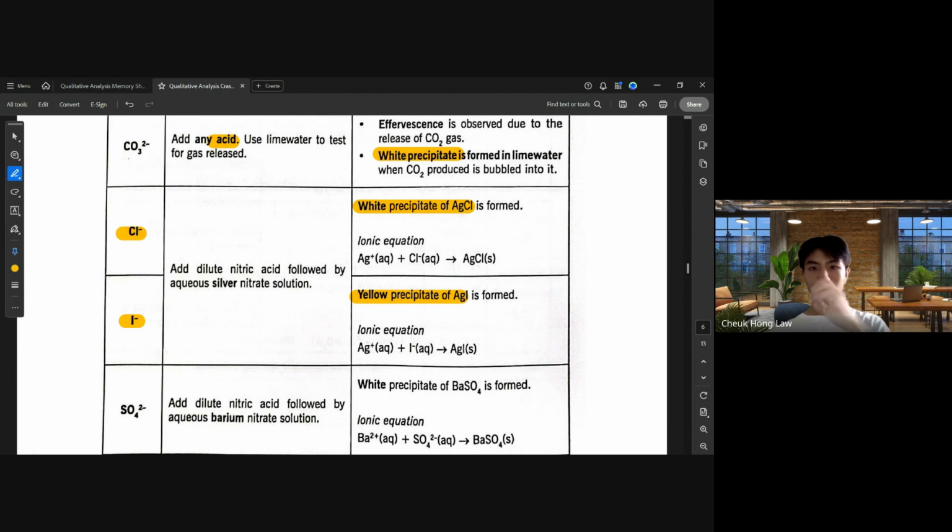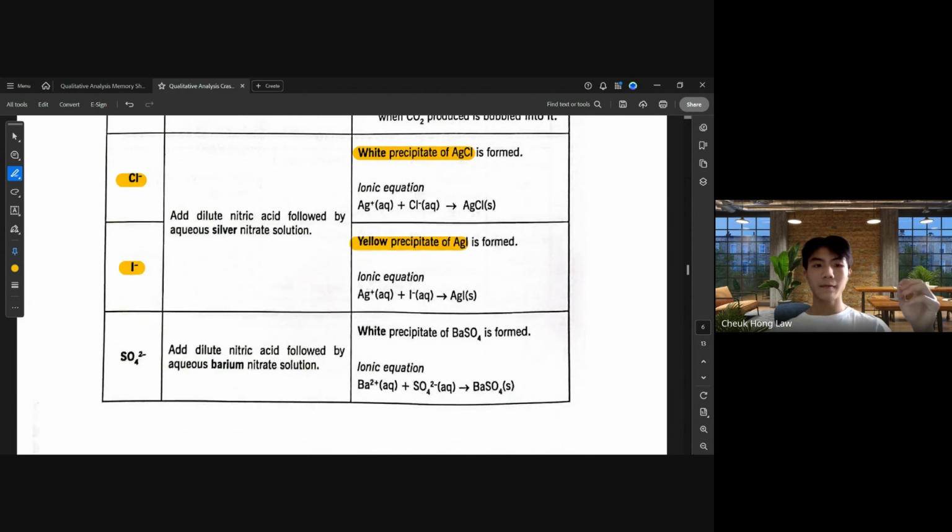If these precipitates are formed, that means the ion is present. So if a white precipitate of silver chloride is formed, chloride ions are present. If the yellow precipitate of silver iodide is formed, iodide ions are present. Okay, then finally to test sulfate ions, first you add dilute nitric acid, followed by aqueous barium nitrate.